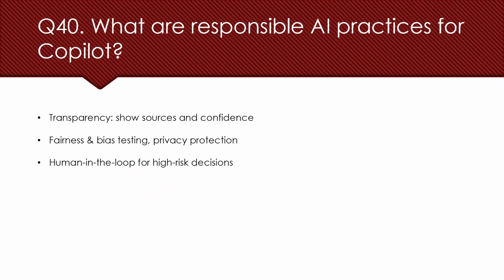Question number 40. What are responsible AI practices for Copilot? Responsible AI is a set of engineering, governance and cultural practices. Be transparent with the user. Transparency is about how the data has been sourced, what the source for the model used is, and its confidence, like how much confidence we have in it.